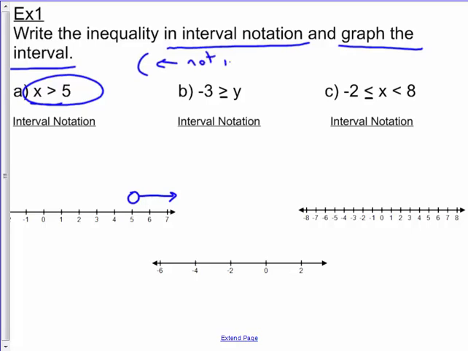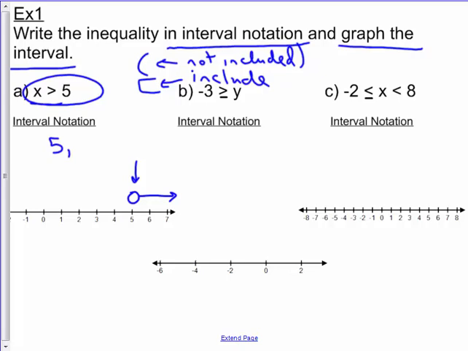So interval notation is a way to represent the answer. When you use a parenthesis, that means not including that number. When you use a bracket, it means it's included. So if I want to describe the numbers from 5 all the way to infinity, I'm going to start at 5. I can't include 5, so I'm going to use a parenthesis there.